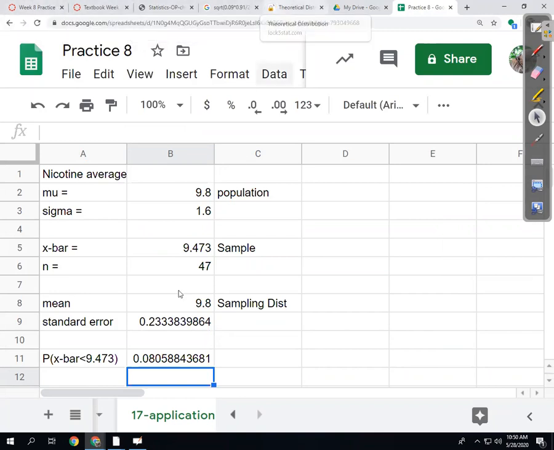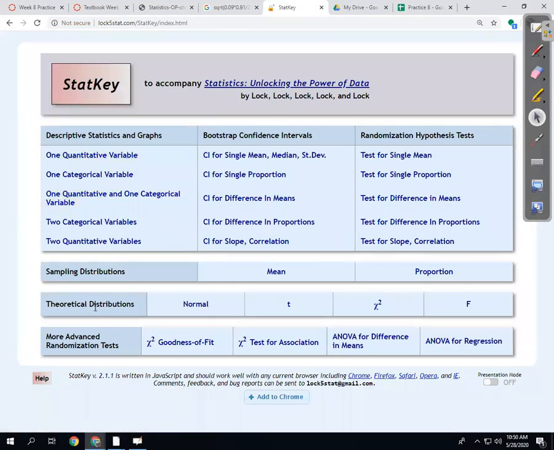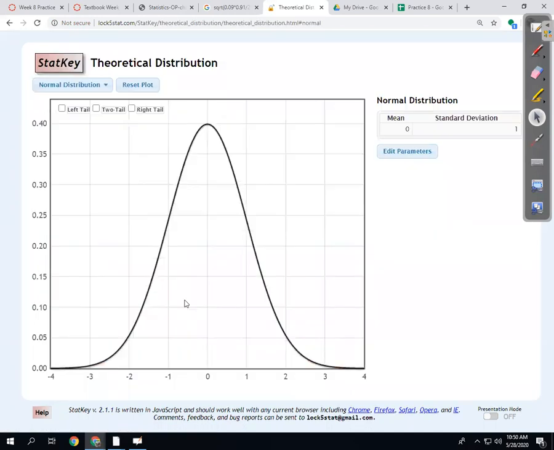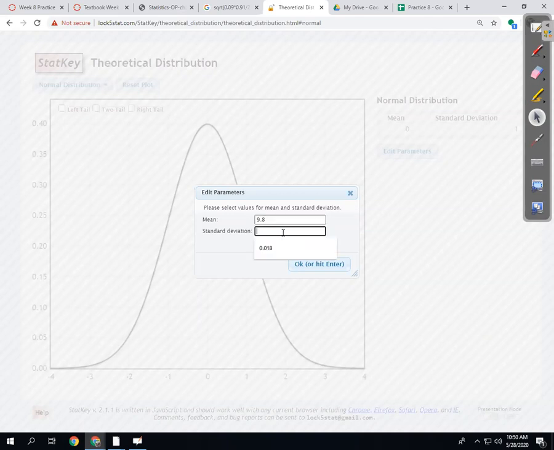In StatKey, I have to enter this value here, the 2.33839, whatever, and I would put in at least 4 decimal places. I think I'll go for 5 today. And remember, this is our population mean. So in StatKey, I want the theoretical normal distribution. So that's theoretical normal. And I need to edit my parameters, put in the correct mean, put in the correct standard deviation.